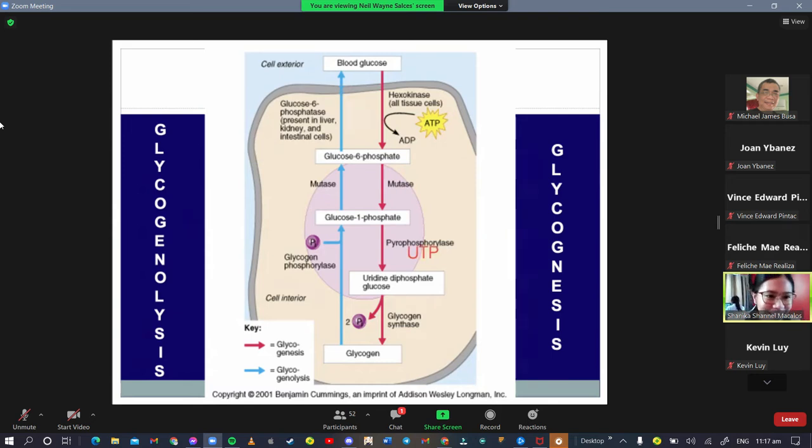So the 2 Pi is released, and then there is an additional phosphate towards the glucose.